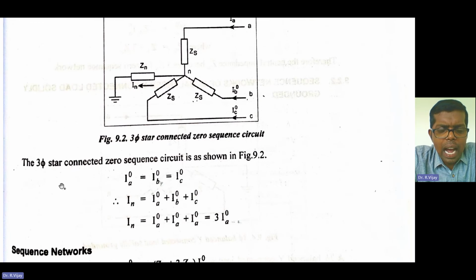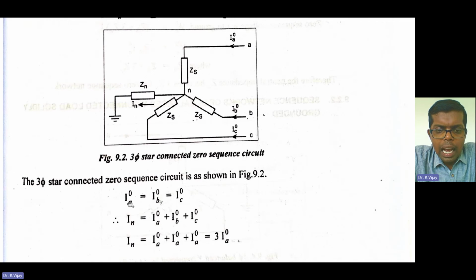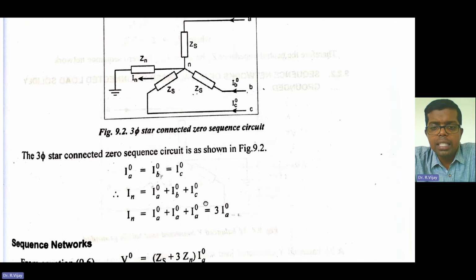Next, the star connected zero sequence circuit as shown in the figure. That is in the previous figure. Here, I_A0 is equal to I_B0 is equal to I_C0. Next, I_N is equal to I_A0 plus I_B0 plus I_C0. We can rewrite this in terms of I_A0, using the phase A operator.